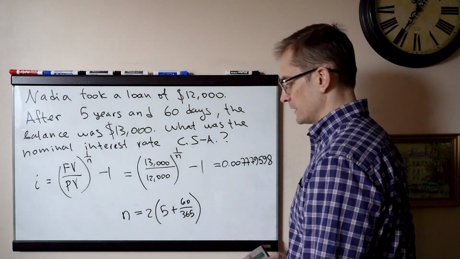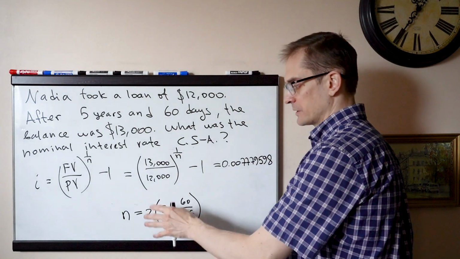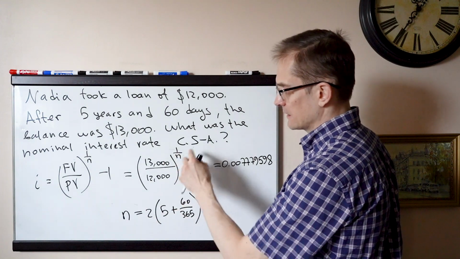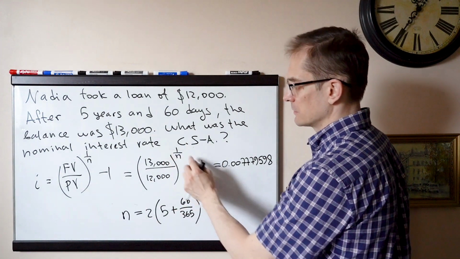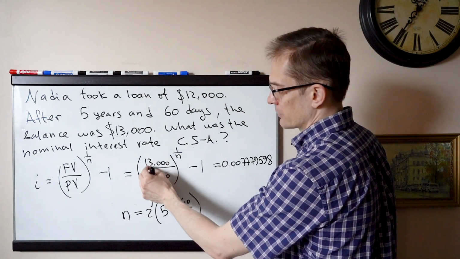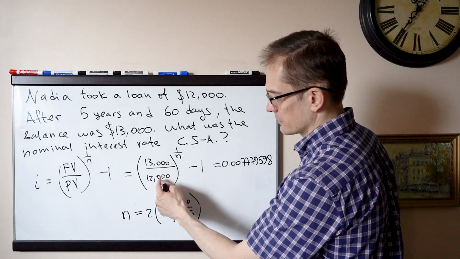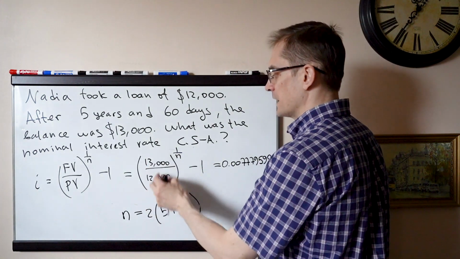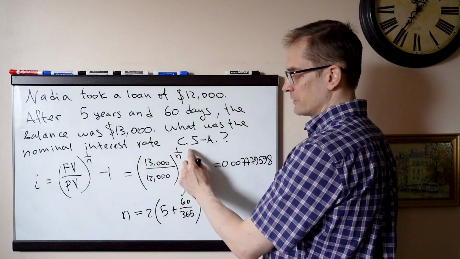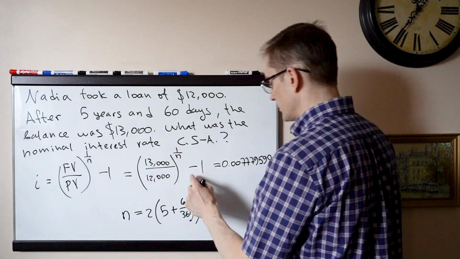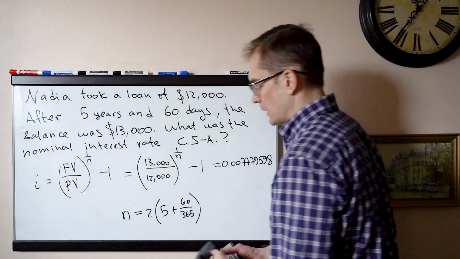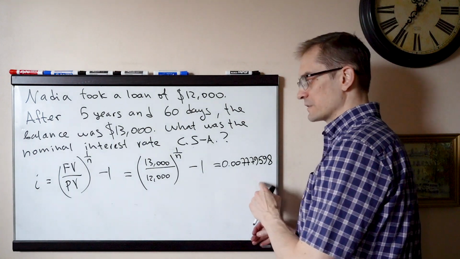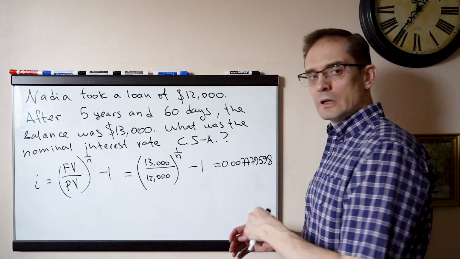Once again, how did I do it? I found this n in the calculator and kept it in memory. Then I did 1 over that n and again kept that in the memory of the calculator. Then I took 13 divided by 12. You don't need to worry about typing those zeros because they will cancel out. So 13 over 12 is raised to that exponent, which I already have in the memory of the calculator, minus 1, and that's what it should be. Now that's my periodic rate. Just to remind ourselves, this periodic rate is the rate per half year, per 6 months.